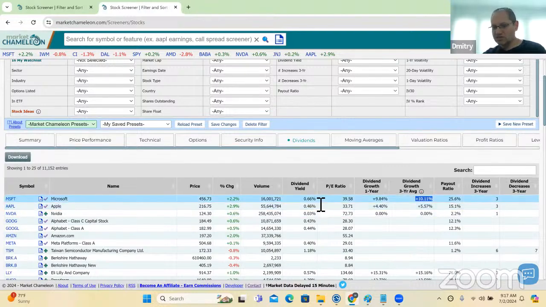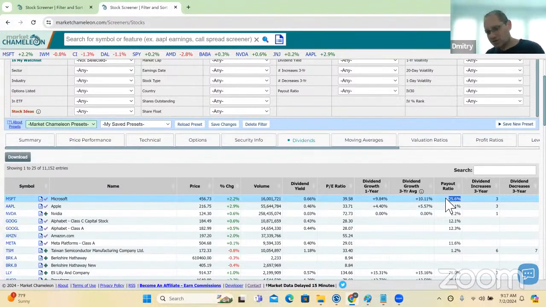Dividend yield itself is not very high. It's 0.66%. But at the same time, they're paying out only 25% of their net income as dividends. So they have a lot more leftover money to reinvest and grow the business in other ways than just a dividend yield.